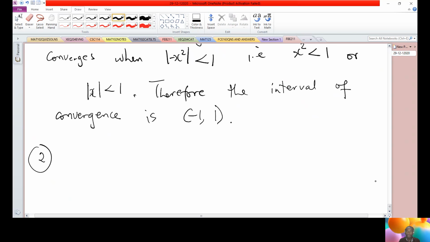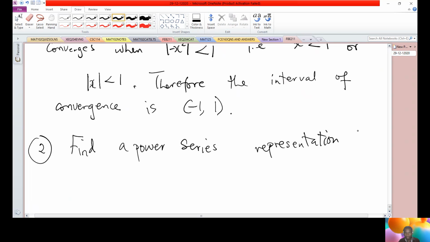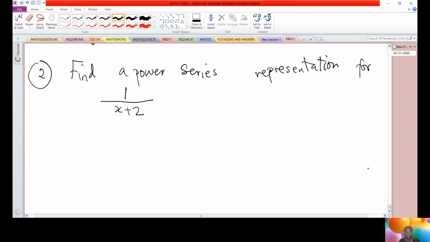Then example 2, find a power series representation for this function 1 over x plus 2. So solution.